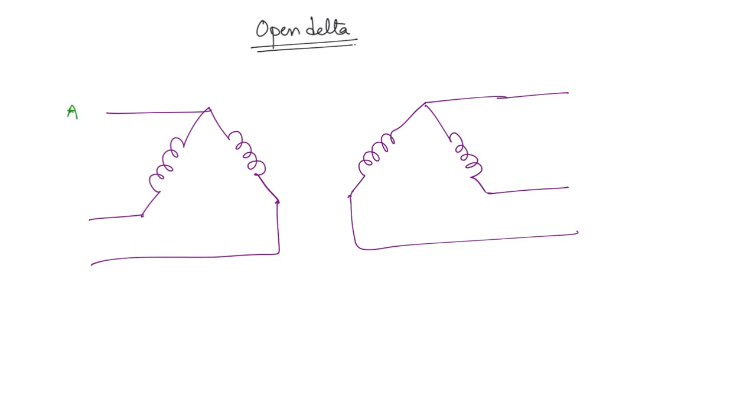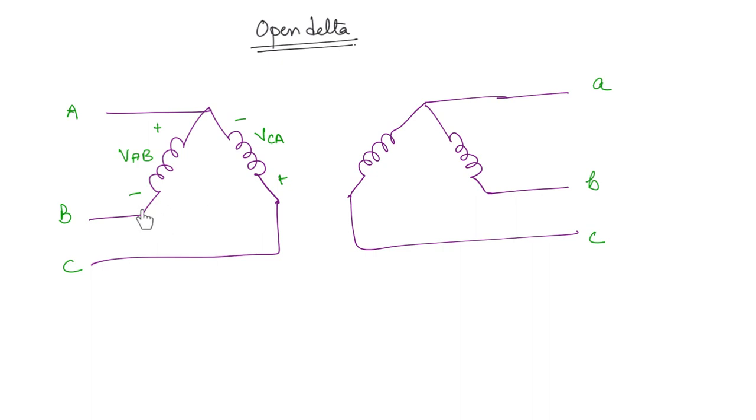If you take these lines as A, B, C, and on the other side you have A, B and C. Now this input you are getting is a normal 3-phase balanced supply. So what will be the voltage across this winding? It is going to be VAB, and across this winding it is going to be VCA. And what about the voltage between the terminals B and C?